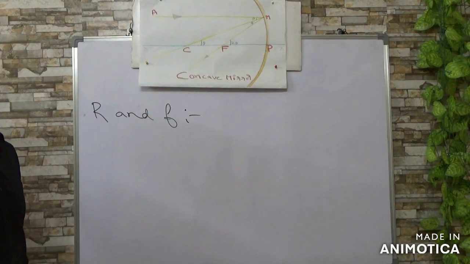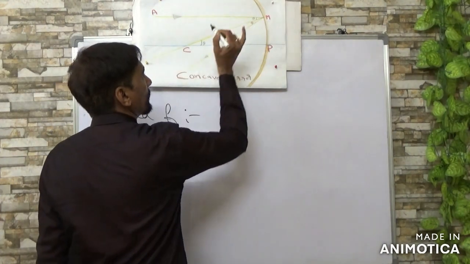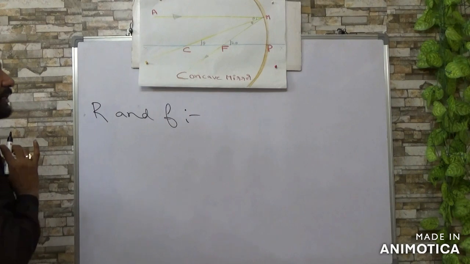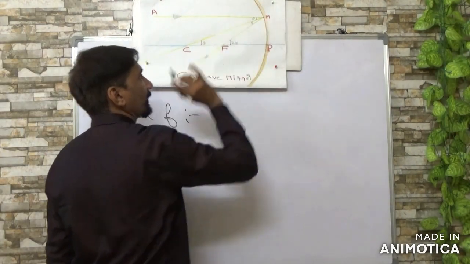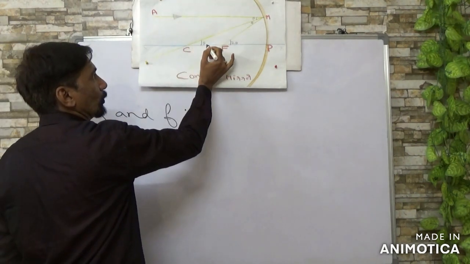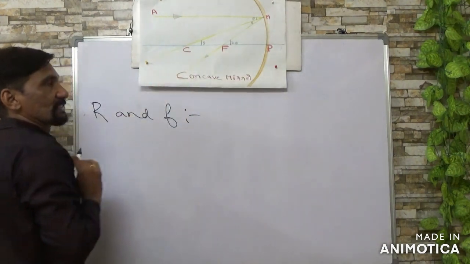Now let us consider a light ray AM parallel to the principal axis, striking the mirror at a point M. When a light ray is parallel to the principal axis, it will pass through the focus.